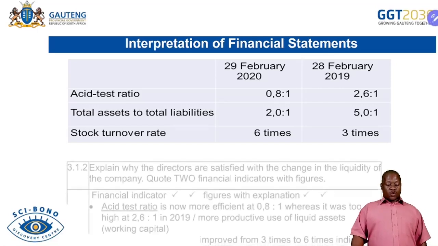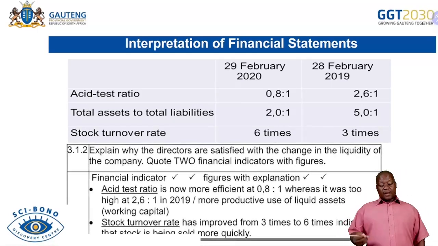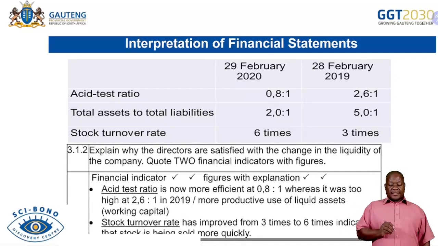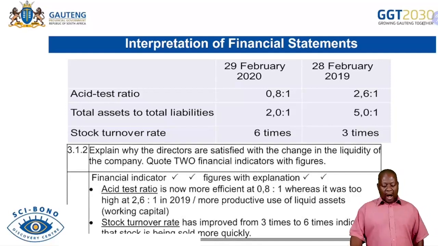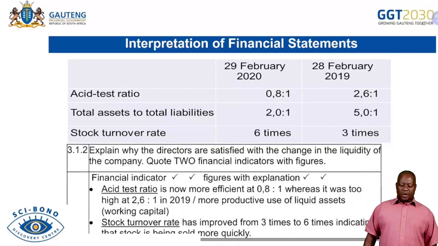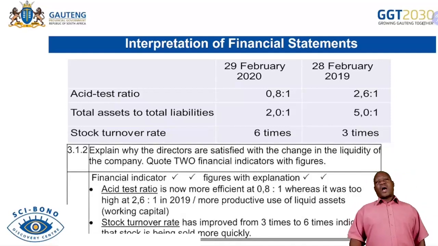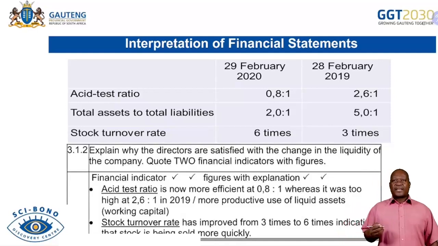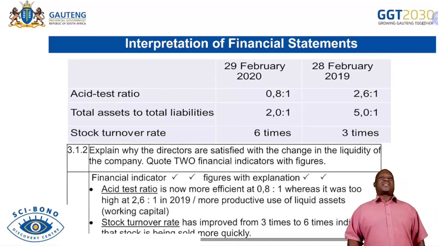When we are looking into comment on the liquidity ratios, what can we say about the acid test ratio? It is now more efficient at 0.8 as to 1, whereas it was too high at 2.6 as to 1 in 2019. So we can say there is more productive use of liquid assets or more productive use of our working capital.